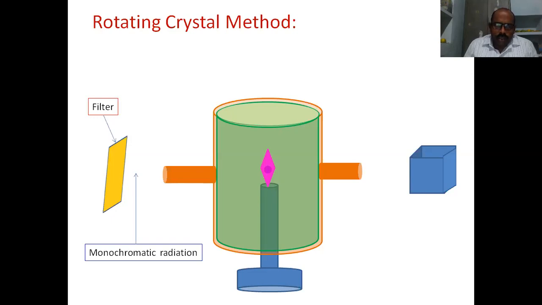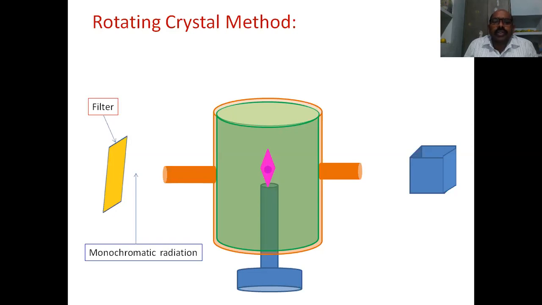Here we use a fixed wavelength, but we rotate the sample. So according to the angle of incidence, which obeys the diffraction angles or Bragg's law, we observe the reflections of different planes.